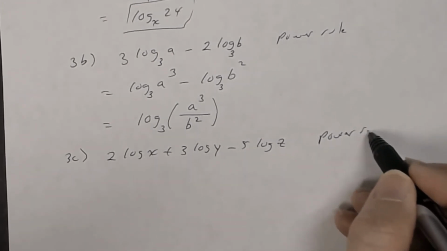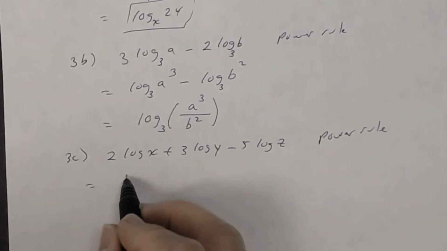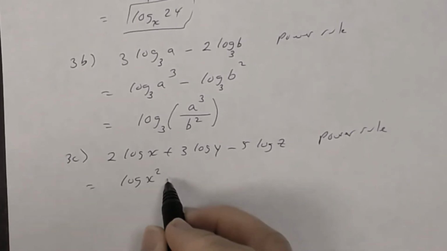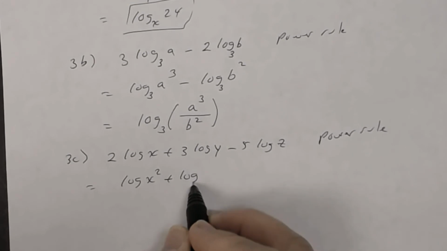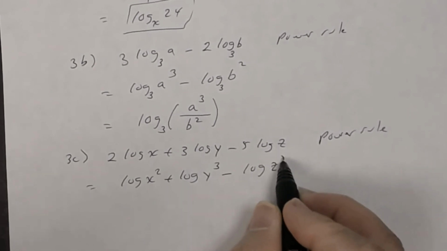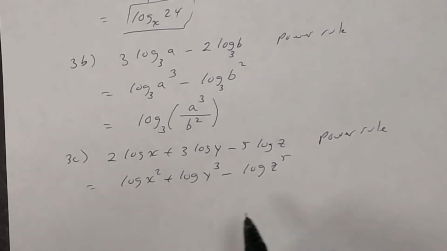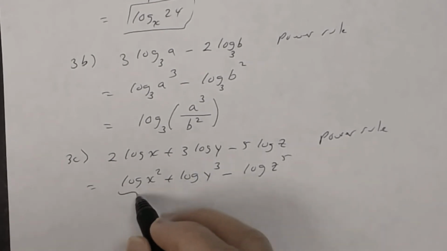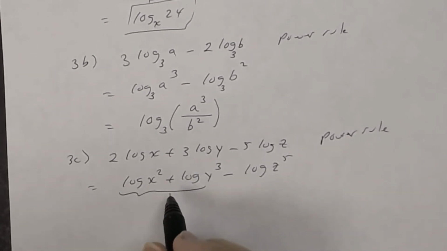Power rule. So that becomes the log of x squared plus the log of y cubed minus the log of z to the 5th. Okay? All right, now we're adding and subtracting. Remember, the order of operations still applies here. So I'm going to do the addition first.